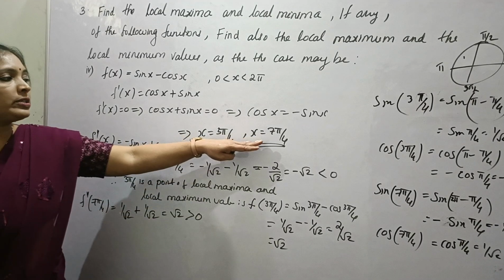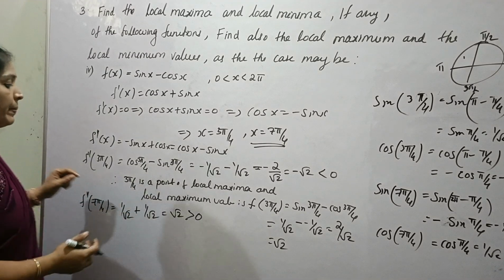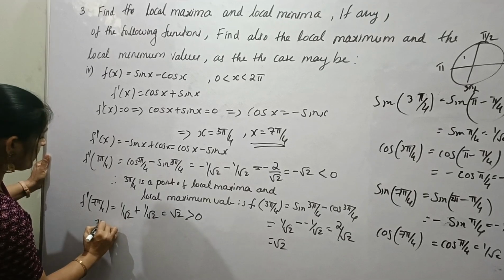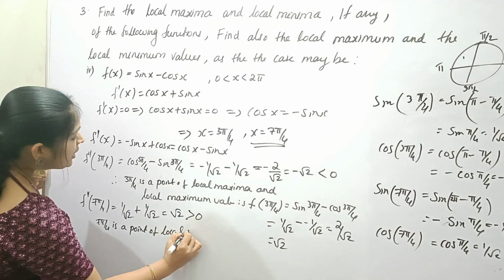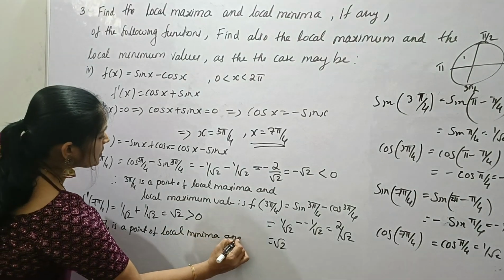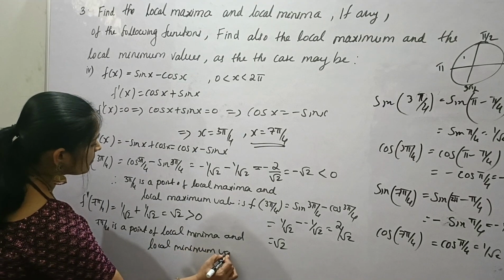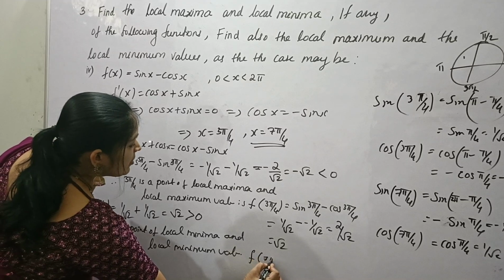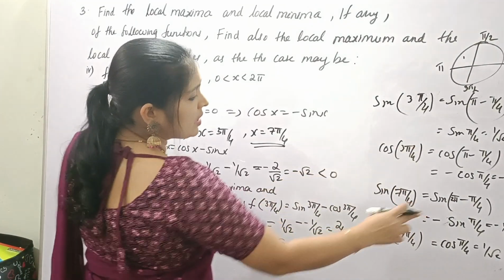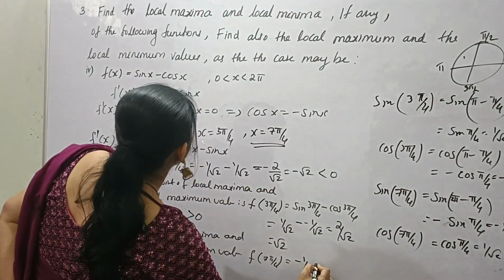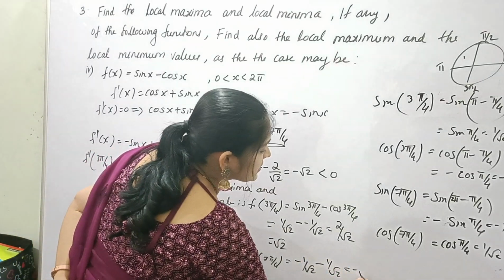Okay. So the given critical point, 7 pi by 4, is a point of local minima, and the local minimum value is f of 7 pi by 4, that is equal to sin 7 pi by 4, which is minus 1 by root 2, minus cos 7 pi by 4, which is 1 by root 2, that is minus 2 by root 2, that is minus root 2.